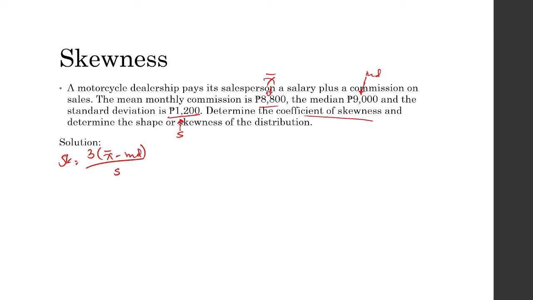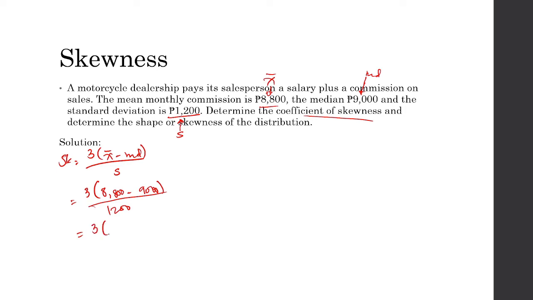So, using this given, we will have here 3 times 8,800 minus 9,000 over standard deviation of 1,200. Okay?